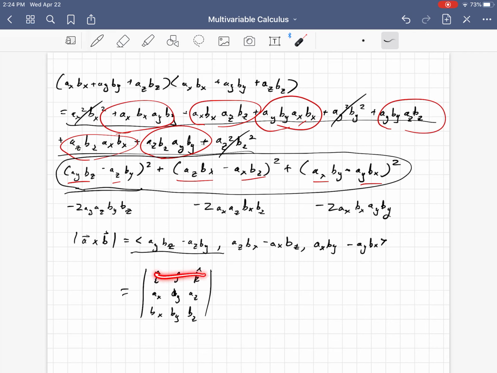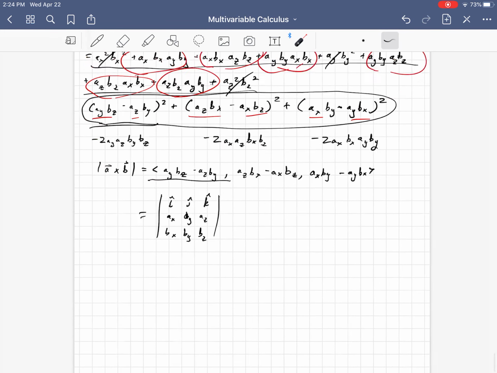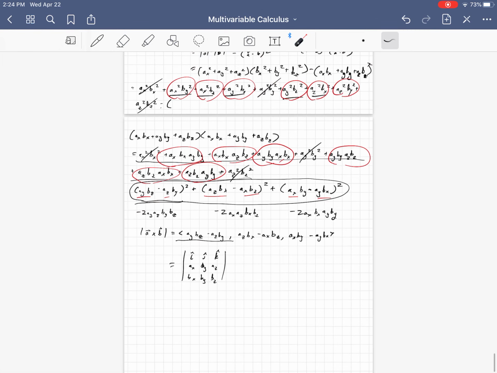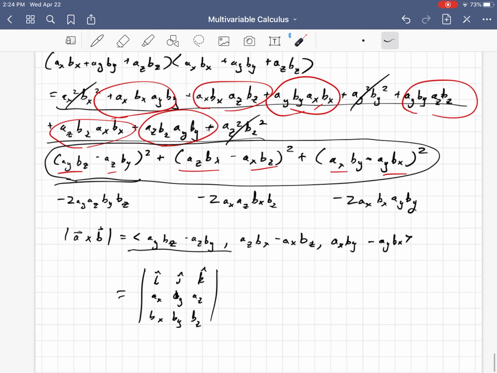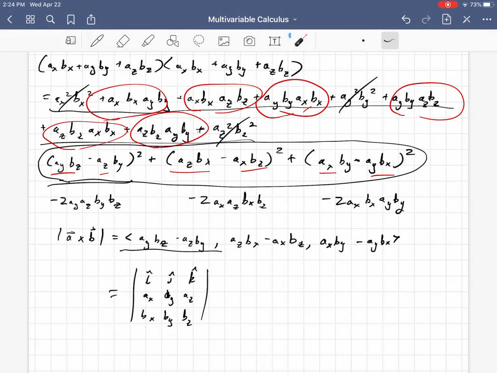And if I were to expand along minors here, I would get my a sub x, b sub z, minus a sub z, b sub x. Okay? And likewise, along here, I would get my a sub x, b sub y minus a sub y, b sub x. And so the determinant is a compact way of writing all of this schmozkin out.